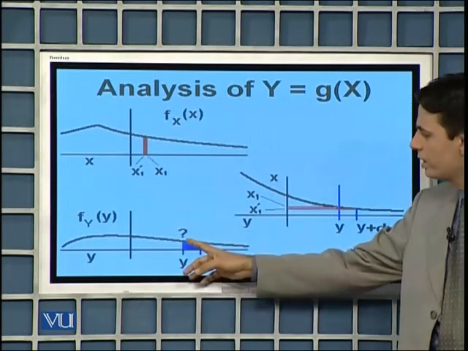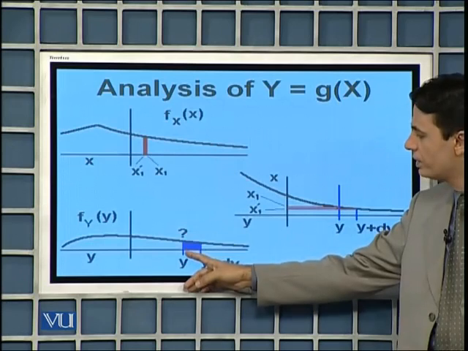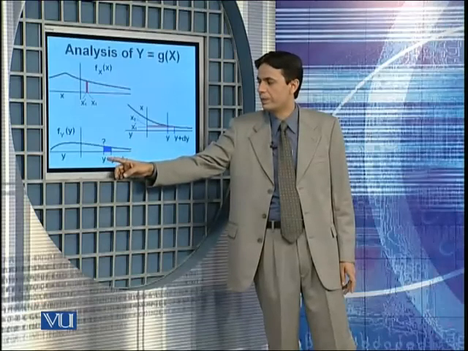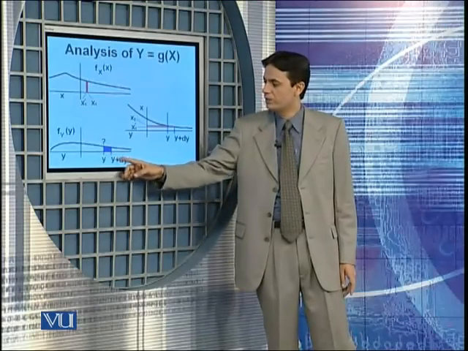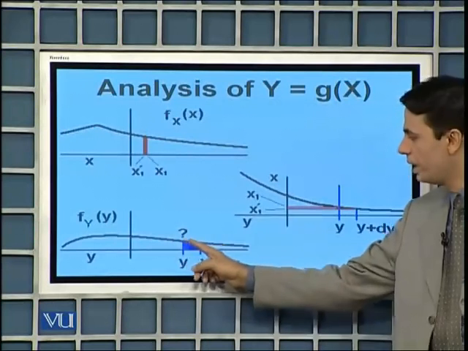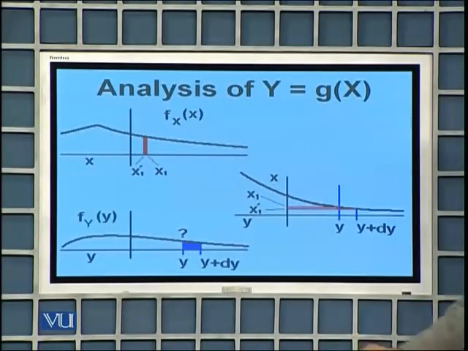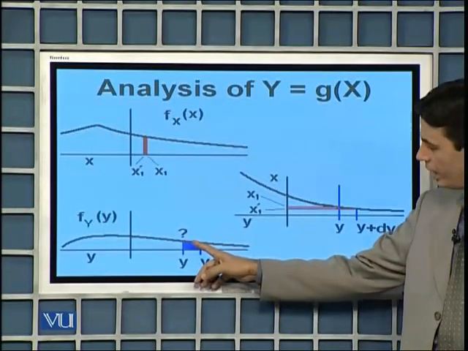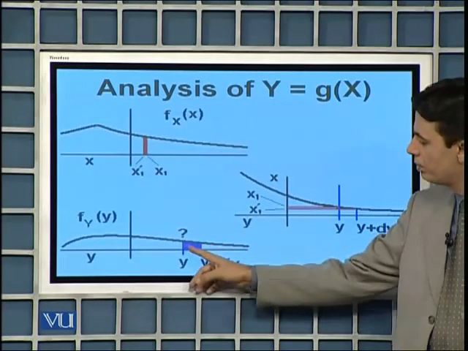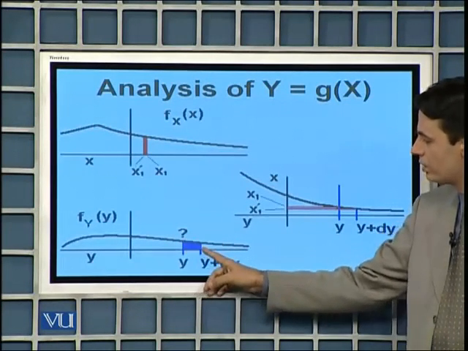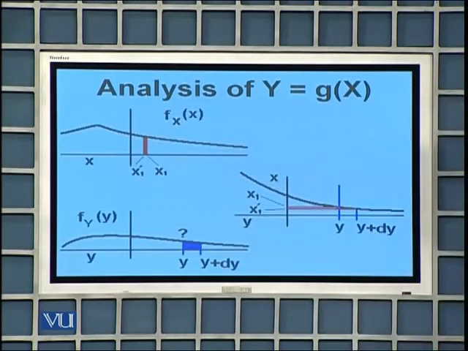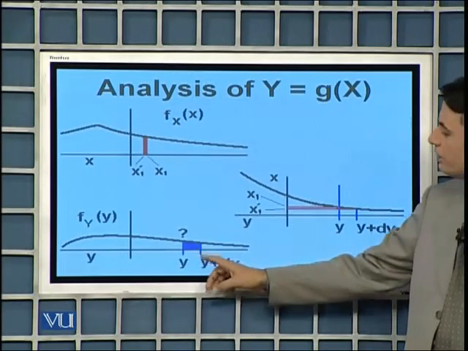We want to find the PDF of derived random variable y at a general point y, and we take another point y plus dy from this interval and assume that joint PDF is flat over this interval, and the value of this probability, the probability of this event, is the width of this interval multiplied by the unknown value of the PDF of y.